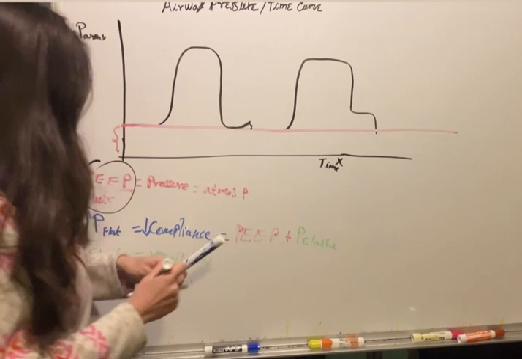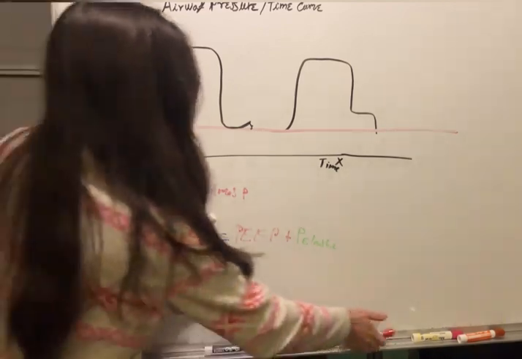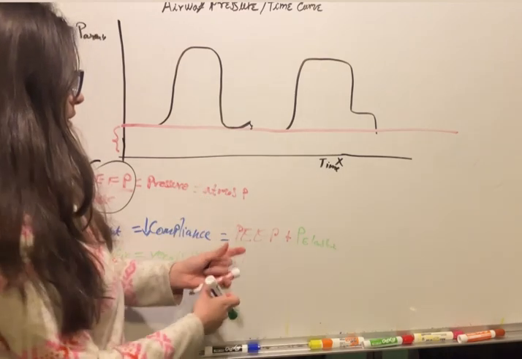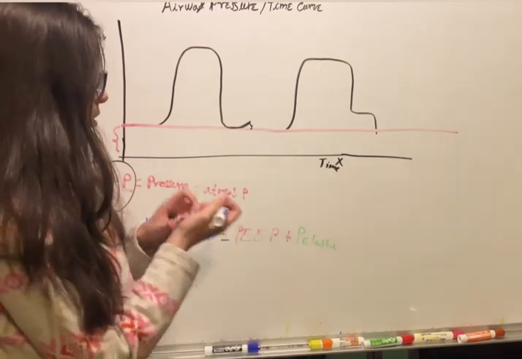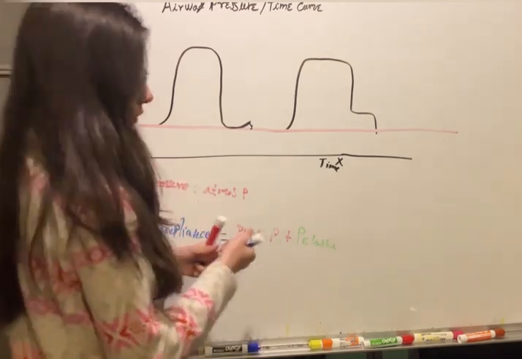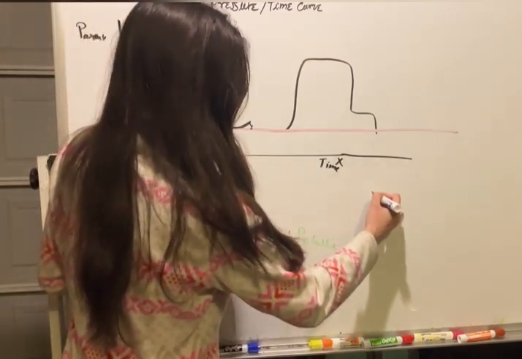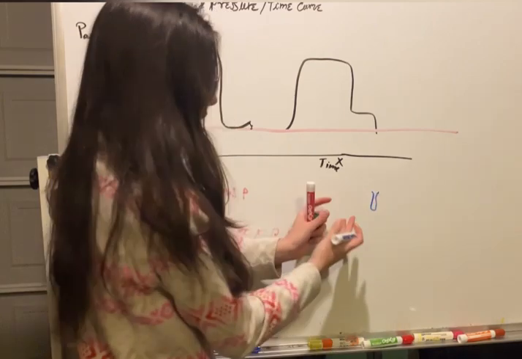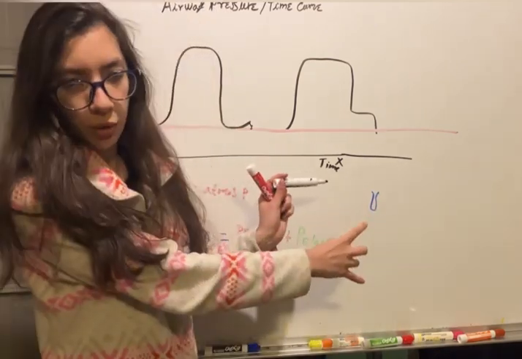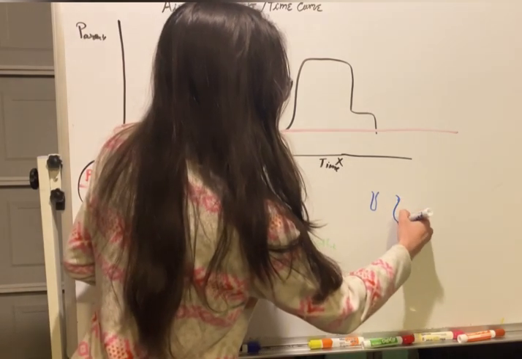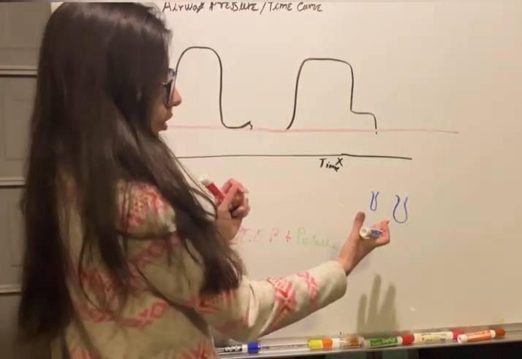So this means that the compliance, how easy it is to expand a lung, depends on the positive end-expiratory pressure, the pressure that we have at the end of expiration, because we can have an alveoli that is almost empty. So here the positive end-expiratory pressure is very low, or we can have an alveoli that has more air inside.